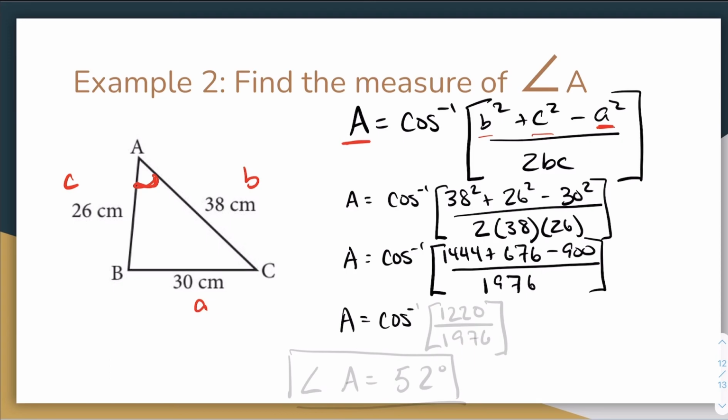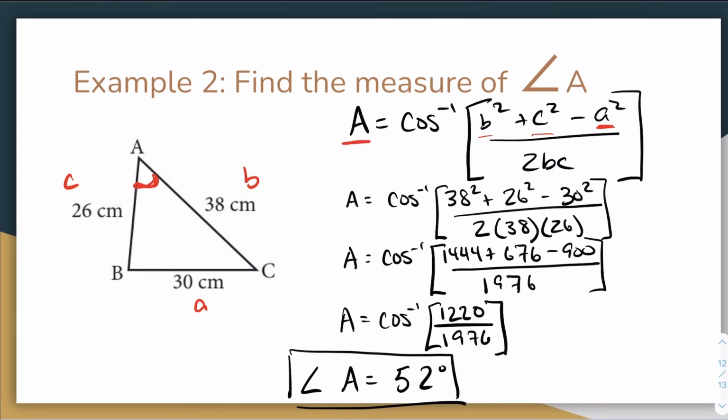If I add up that top, I get 1,220 divided by 1976. Now I can put this into my calculator. Make sure you use cos inverse. And I get that A equals about 52 degrees. And that's my final answer.